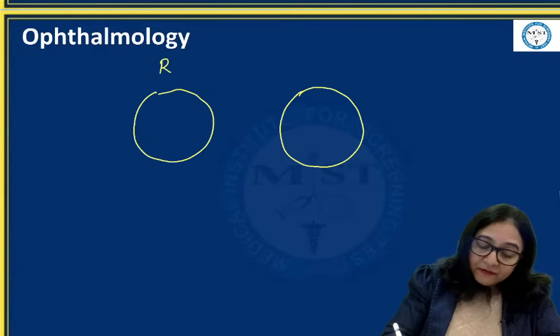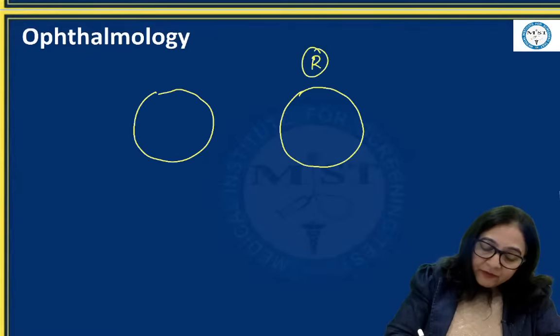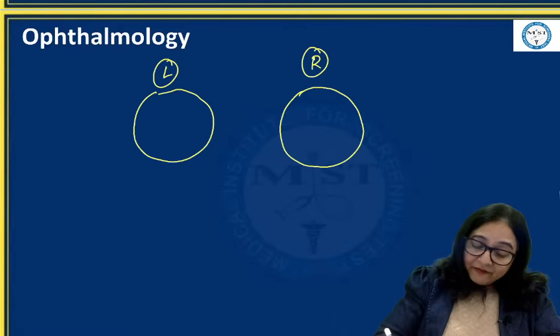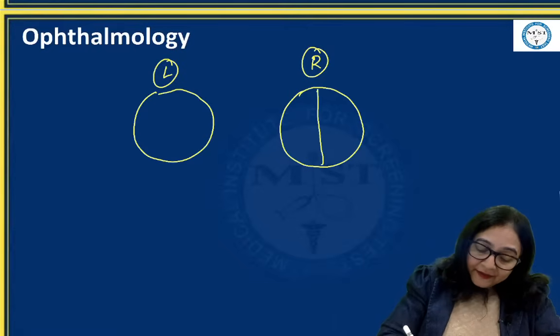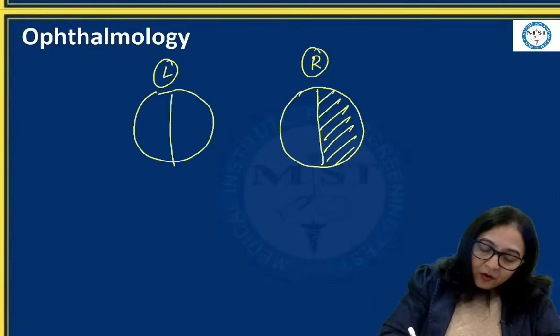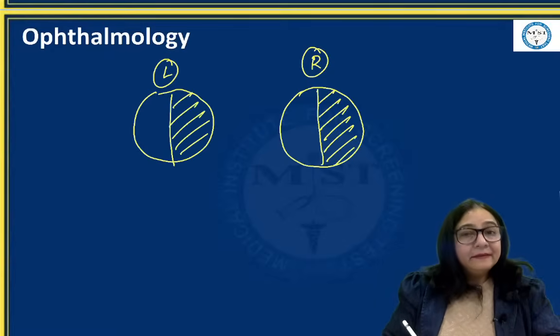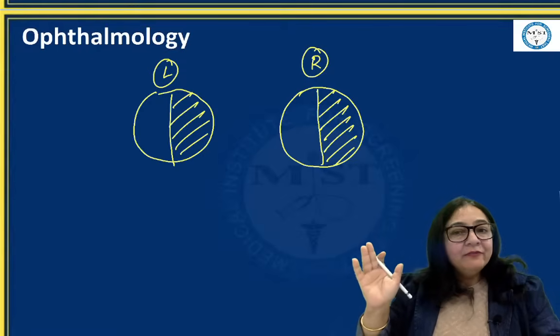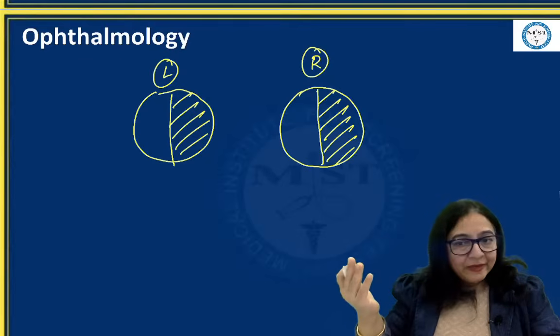Okay, so this is your right eye. In visual field, it's always good to mark it the way your right and left are. So this is your right eye and left eye. They say that the right half of the visual field is gone on both sides. This type of defect in which half of the visual field is gone is called hemianopia.